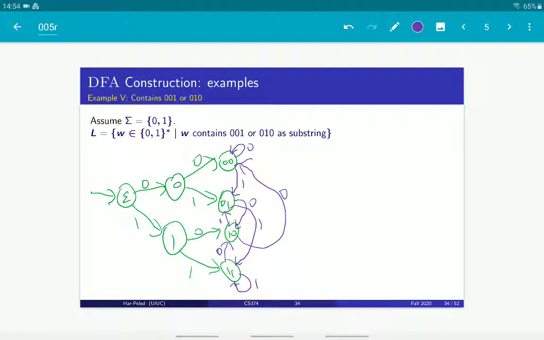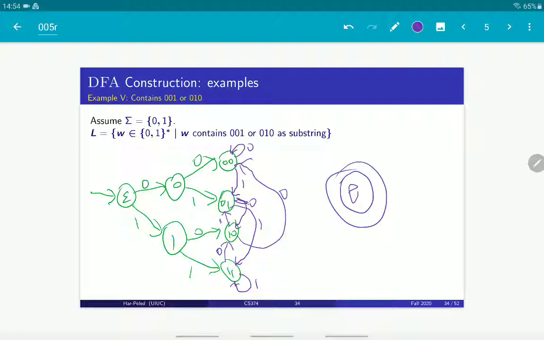Okay, so we draw the same tree to remember the last 2 characters of the input, and now we just need to fix it, in the sense that if we get 0, 1, 0, we accept. So for example, there's going to be an accept state, which is this one, let's call it E for the end.